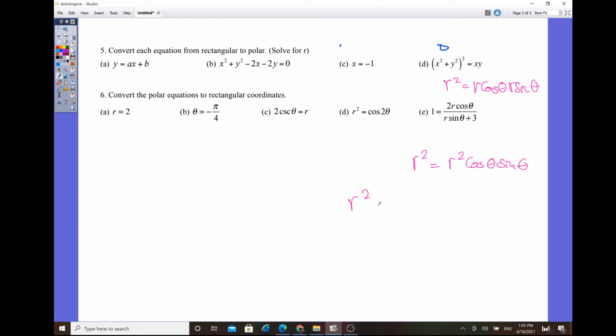So bring everything together to one side. A lot of people think about dividing by r squared, but don't do that because you'll get rid of the r squared. Bring everything together. Take out the greatest common factor, r squared. So we got 1 minus cosine theta sine theta, and that equals 0.